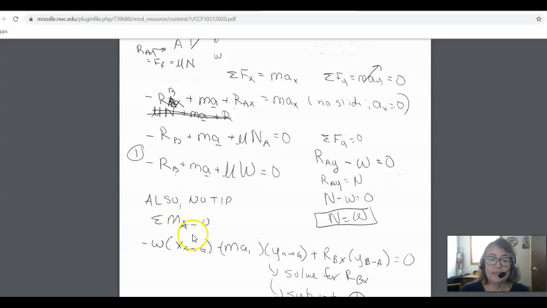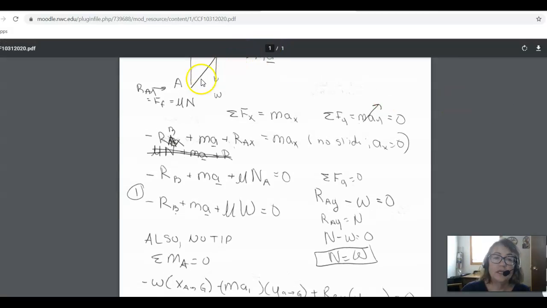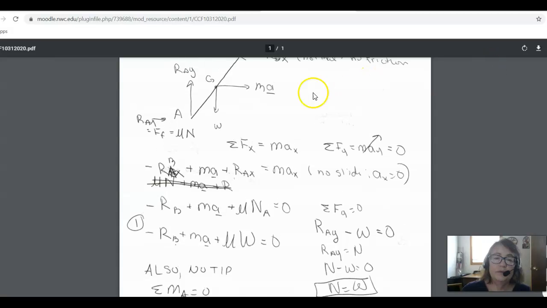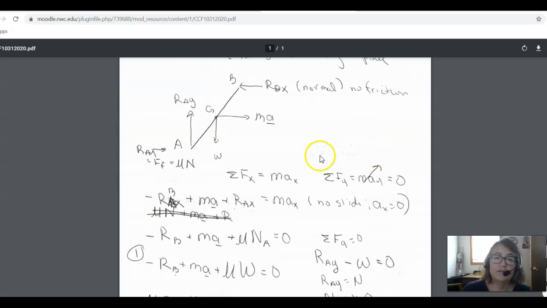The best solution for the no-tip situation is that the summation of moments about A will be equal to 0. I could do the moments about any point, but A will eliminate the reactions at A from the equation. So what I do then is I refer back to my free body diagram, and the way I have it drawn, if I put a pin here at A, I can see that the weight will pull it clockwise, the inertia vector will pull it clockwise, both of which are negative, and RBx will pull it counterclockwise, which is positive.